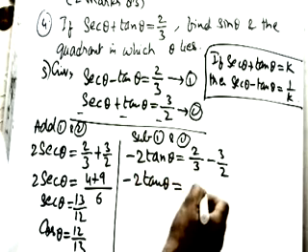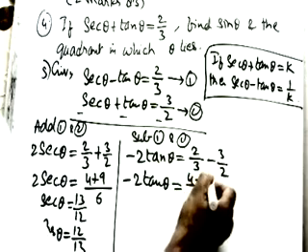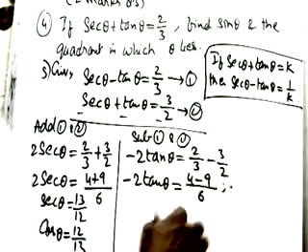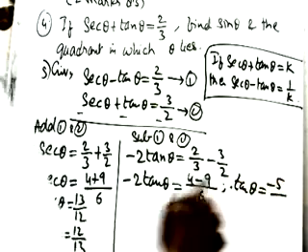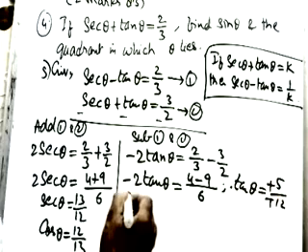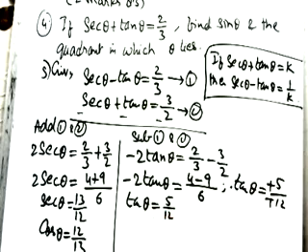Minus 2 tan theta equals, 2 3s are 6, 2 2s are 4, minus 3 3s are 9, that is minus 5 by 6. Bring this minus here: tan theta equals minus 5 by minus 12, minus minus will get cancelled. So tan theta equals 5 by 12.